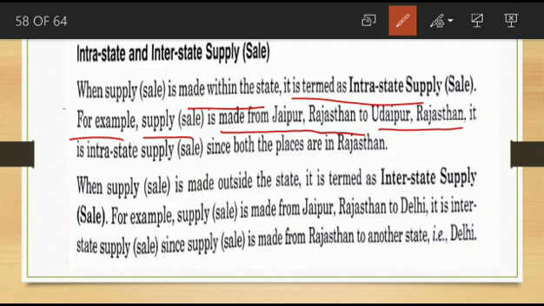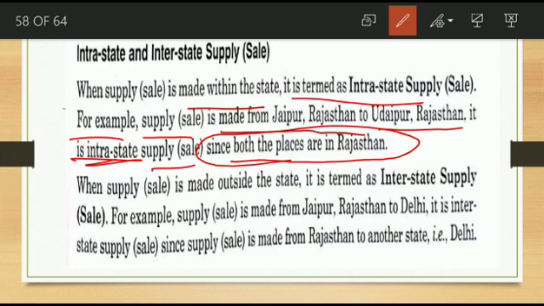Jaipur and Udaipur, both places are in Rajasthan. Okay. So supply of goods from Jaipur, which is in Rajasthan, transferred to Udaipur, which is also in Rajasthan. Both, this transaction is within the state. So this is called intrastate supply or sale. Hence, since both the places are in Rajasthan, that is called intrastate.